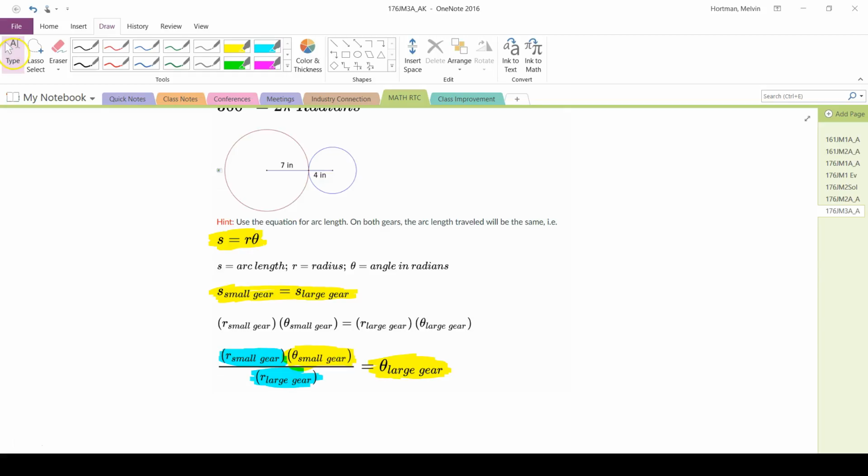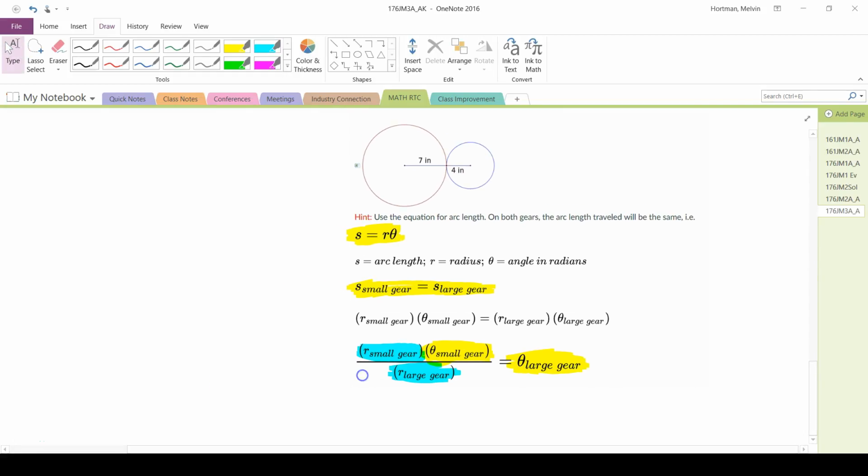So here we really just have to plug in numbers. So first let's plug in the radii. So we have 4 inches times something divided by 7 inches. So the movement of the small gear is 1 revolution, which means that's 360 degrees.